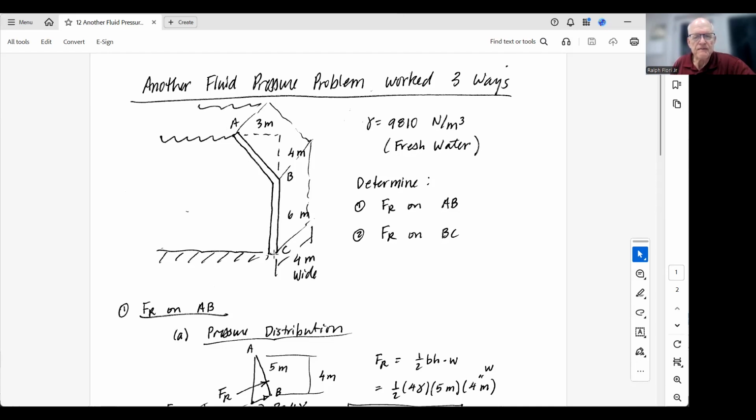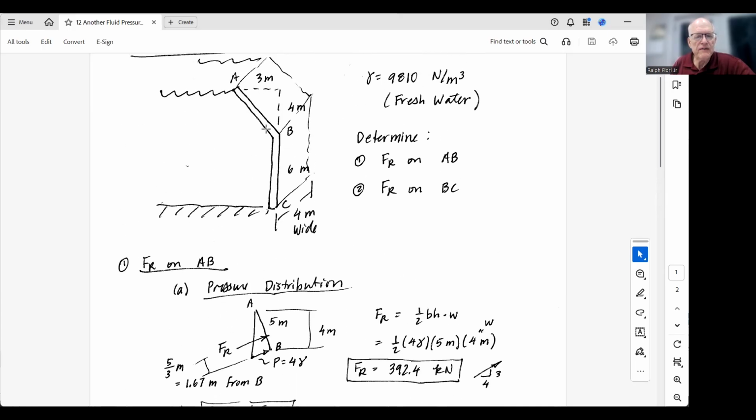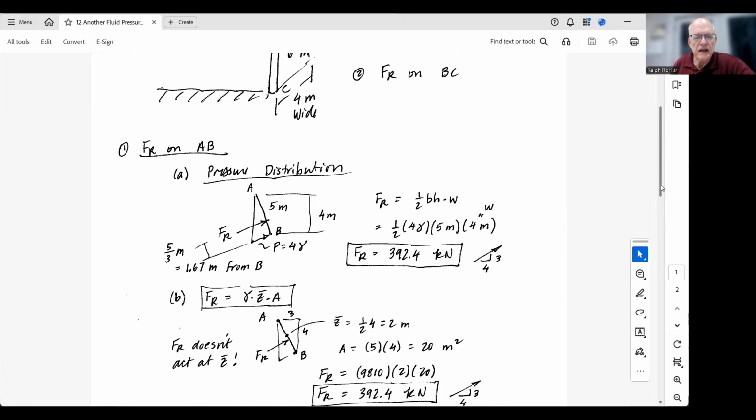here on BC. So on AB, you can draw a pressure distribution along AB. The pressure distribution acts perpendicular to AB, so it's 5 meters long. The pressure at the bottom at B is equal to the depth, which is 4. Even though the plate is 5 meters long, the depth is 4. And so the pressure here is 4 gamma, and it acts perpendicular to this plate.